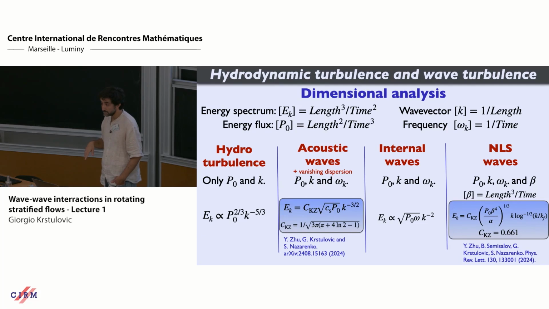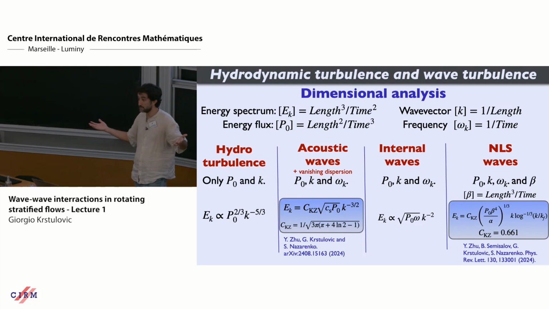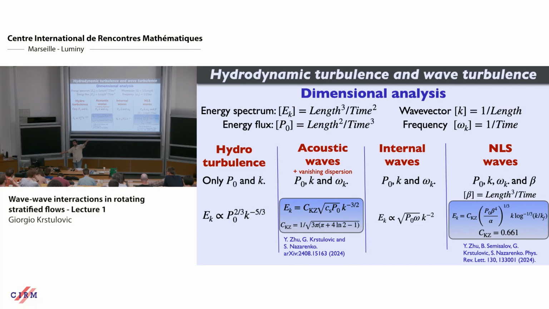Anyway, you have to imagine that you have some mechanism at large k that will take out the energy, always, because you need to sustain the flux. And of course, if you want to fill the energy in an infinite state, you need to supply an infinite amount of energy in order to have a completely developed spectrum.